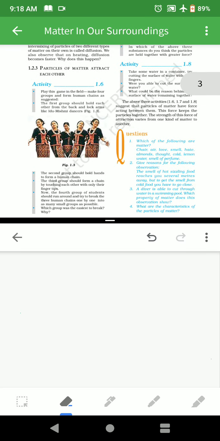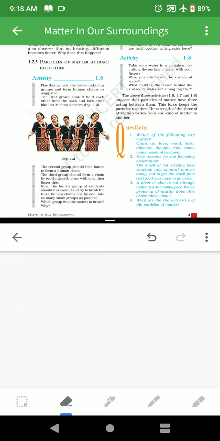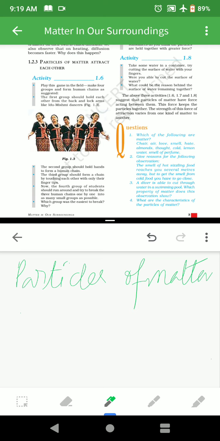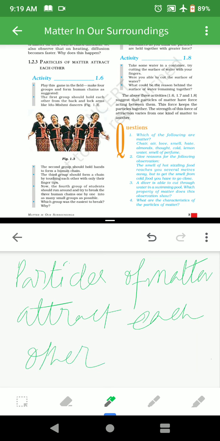Okay, now let's see one more characteristic of particles of matter, that is particles of matter attract each other. Particles of matter attract each other.